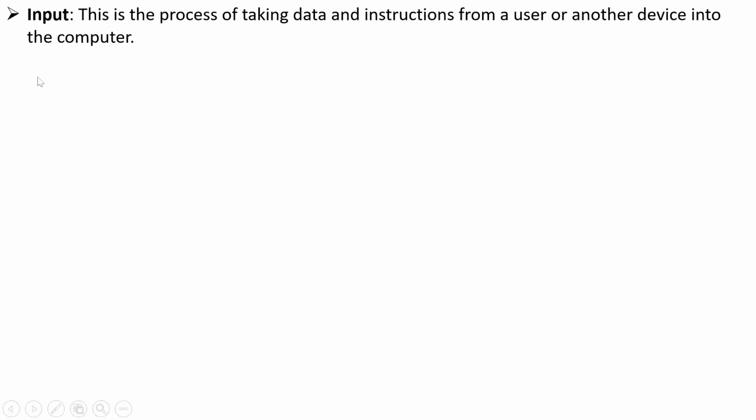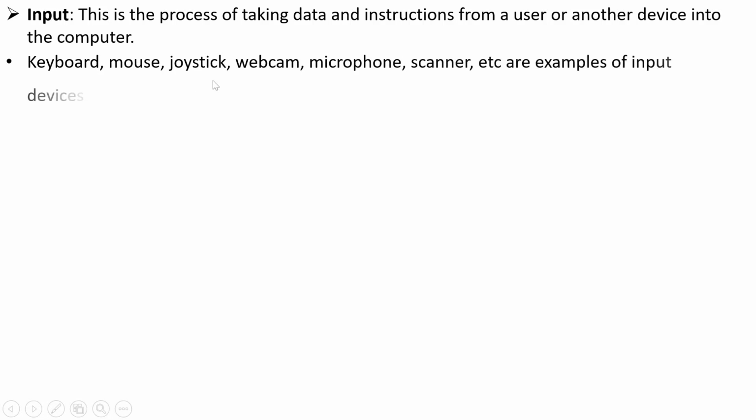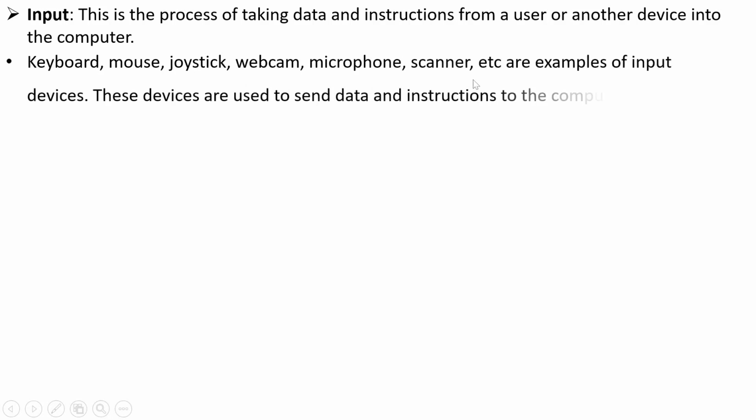What devices do we use to put information into the computer? Keyboard, mouse, joystick, webcam, microphone, scanner, etc. are examples of input devices. We have a joystick, and the keyboard, the mouse, webcam, microphone, scanners, etc. are examples of input devices.